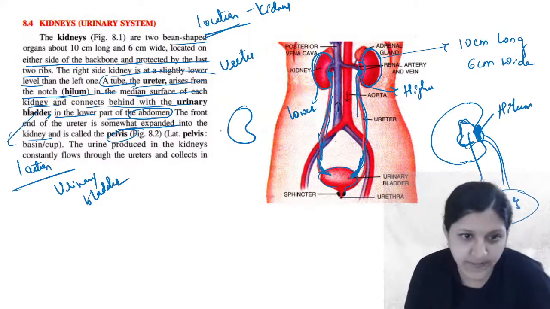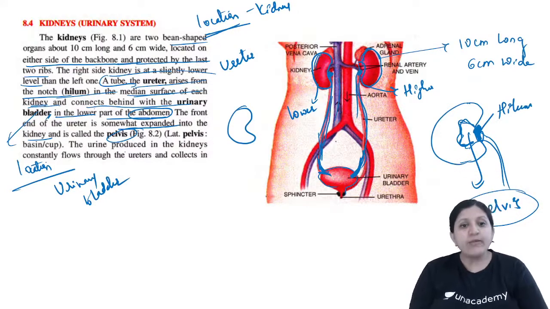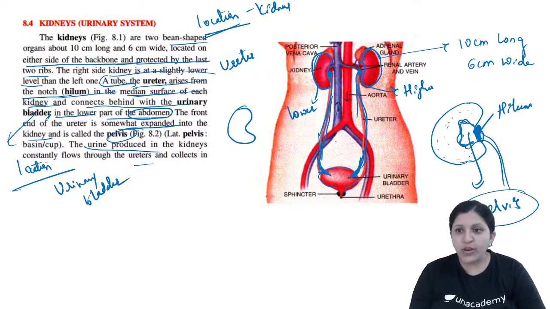So that is the location. Then, the meaning of pelvis is basically a basin or a cup. Then urine which is produced in the kidney constantly flows through the ureter, and this will collect in the urinary bladder. So what will happen here? All the nephrons are there. Okay, so you know nephrons will be over in the cortex region as well as the medullary region.